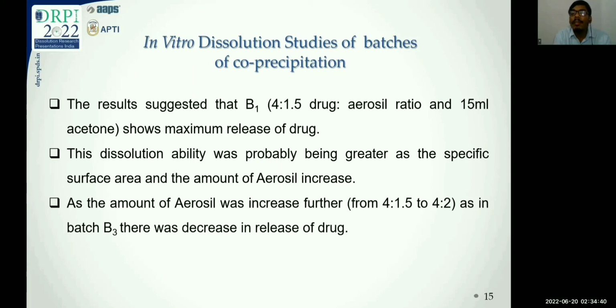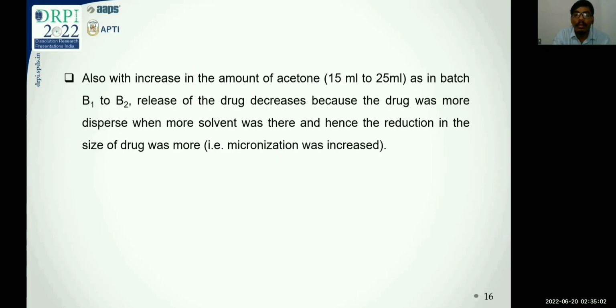This dissolution ability may be due to greater specific area as the amount of aerosol increases. With a further increase in aerosol, from 4:1.5 to 4:2, as shown in batch B3, there is a decrease in the release of drug.